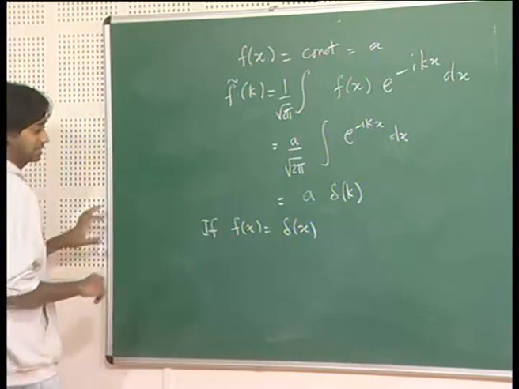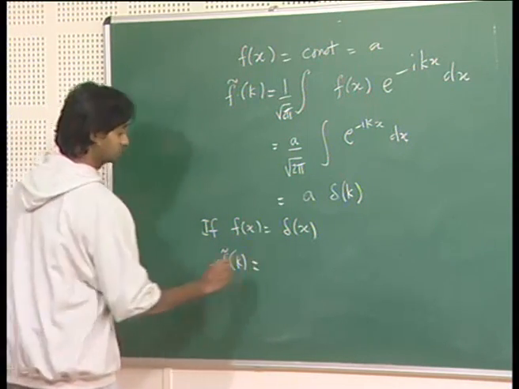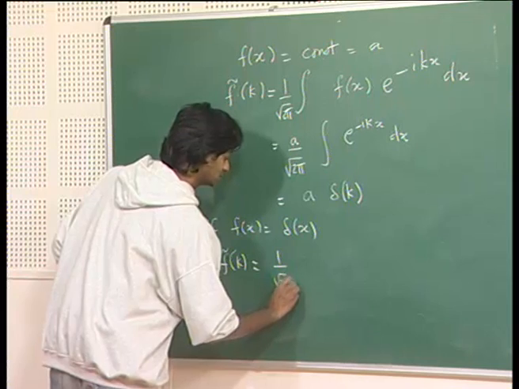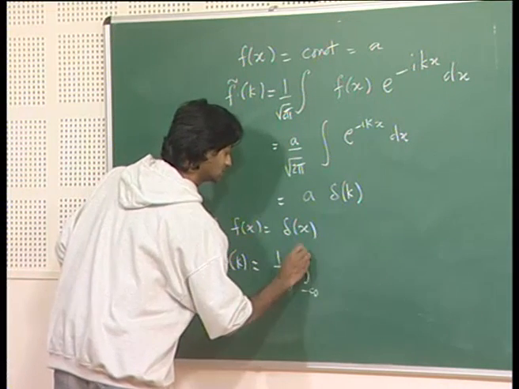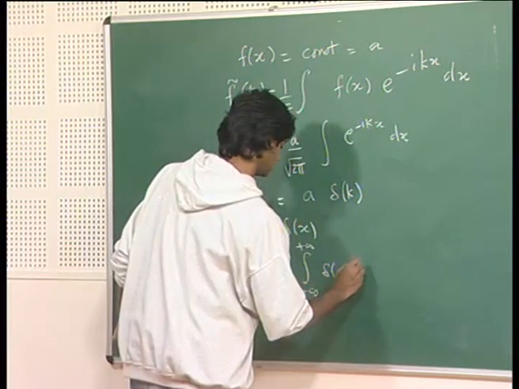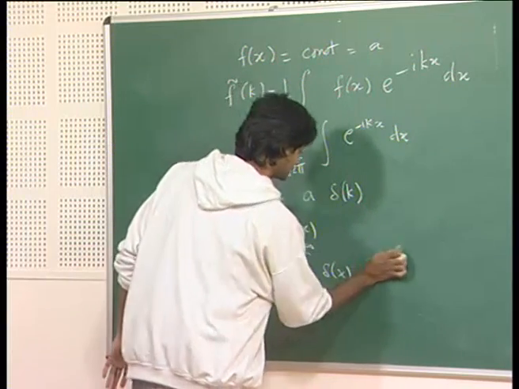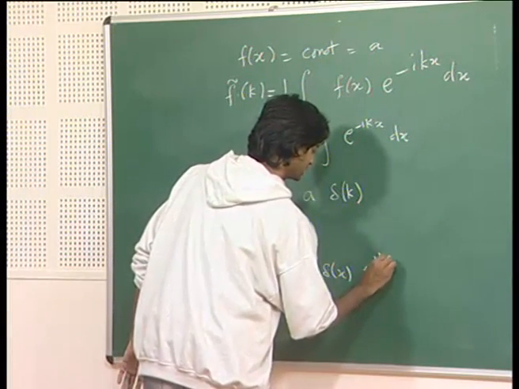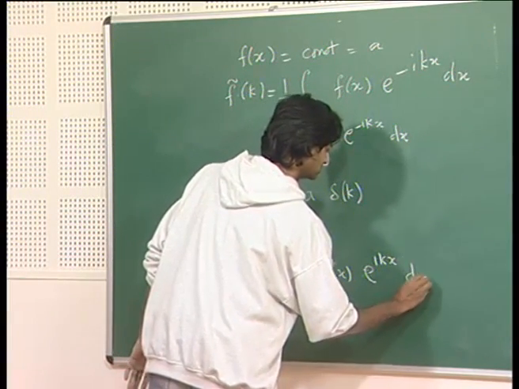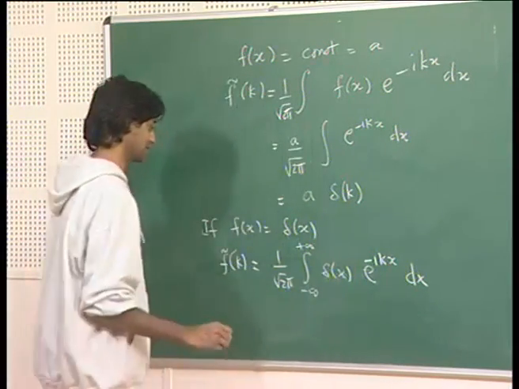Then f tilde of k is equal to 1 over root 2 pi integral delta of x e to the minus i k x dx.